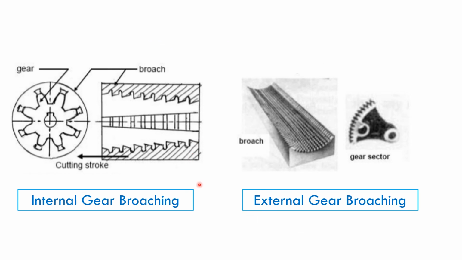Here is internal gear broaching again, and this is external gear broaching. The tool looks like this. This is used to create the broaching on the outer surface to get the external gear.